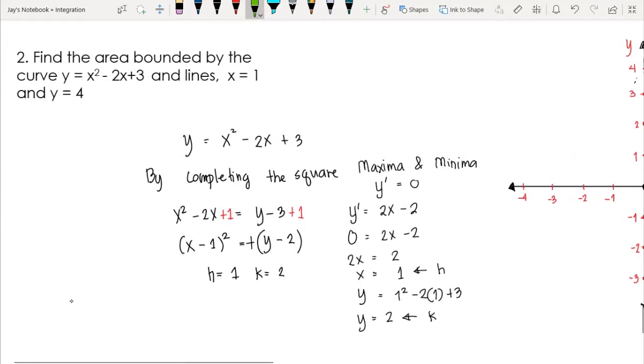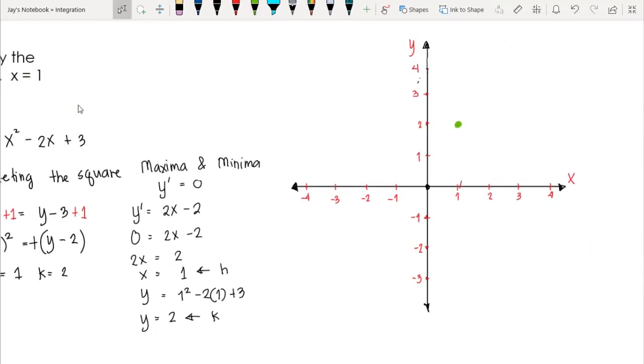And then from the given, we have the lines x equal to 1 and y equal to 4. Now, if we draw x equal to 1, it is just a vertical line, and y equal to 4 is just a horizontal line.